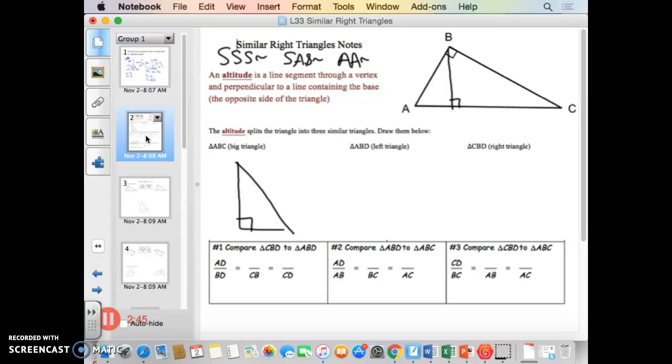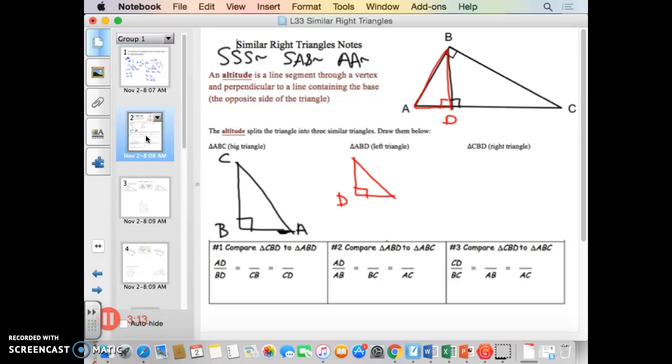So if I'm looking at the big triangle, B is my right angle, A is over here, and C is up here. You can see my things are a little off. There we go. All right, then I'm going to look at this triangle on the left, which is right here. But I'm going to flip it, and I'm going to call this point D. Okay? So now I'm looking at the smaller triangle, which is in red.